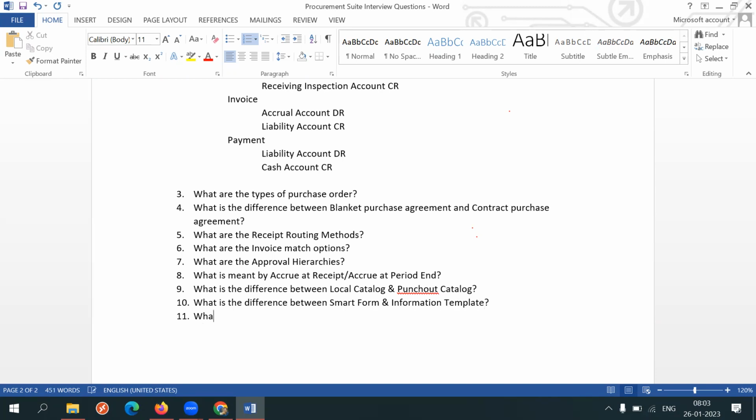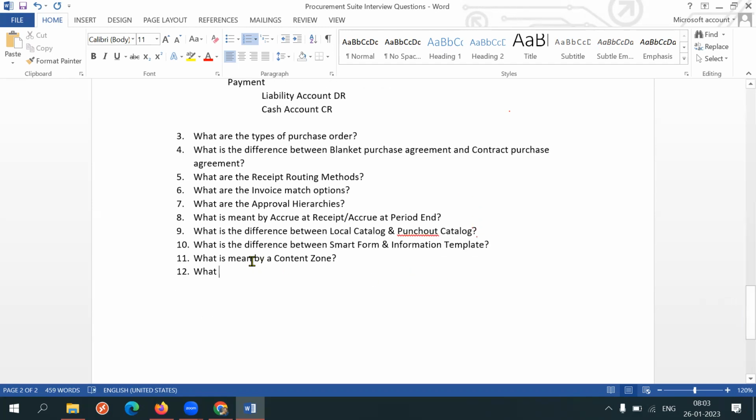What is meant by a content zone? T is missing. What is meant by content zone?